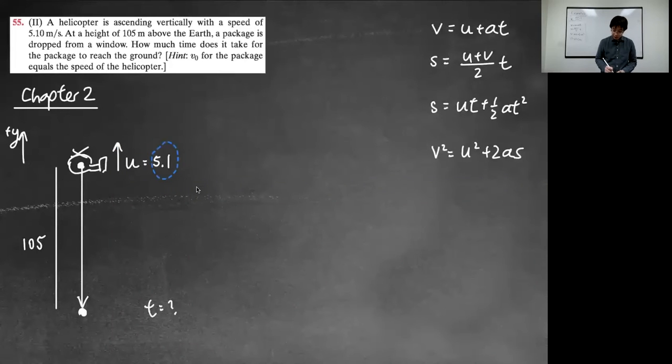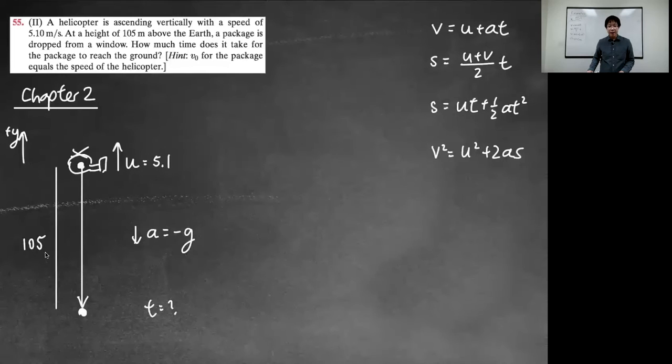Should this be positive or negative? It should be positive, because I'm defining y this way. What else do we know? We know that it's going to accelerate downwards with g, but I need to put a minus sign, so the acceleration will be negative g. G is 9.8 or 9.81. They're giving things in 3 significant figures, so we'll use 3 significant figures.